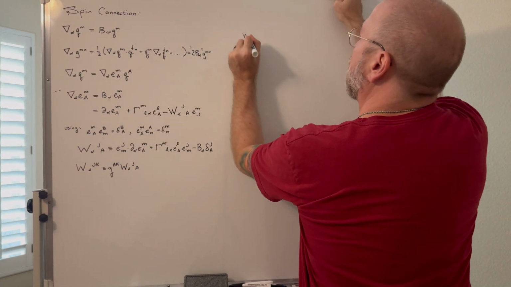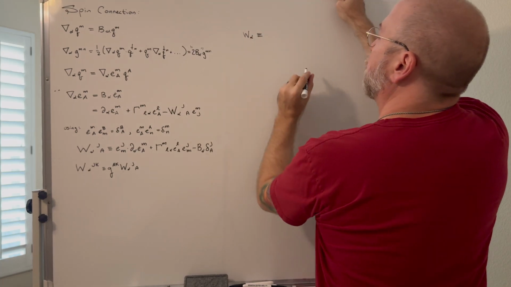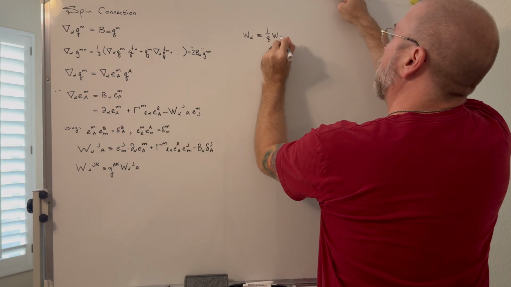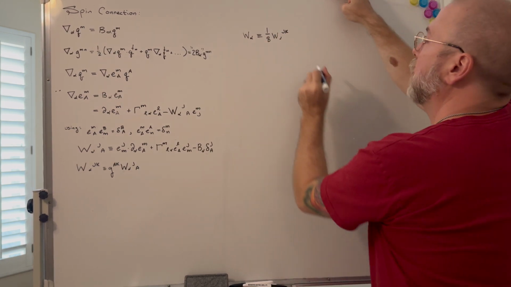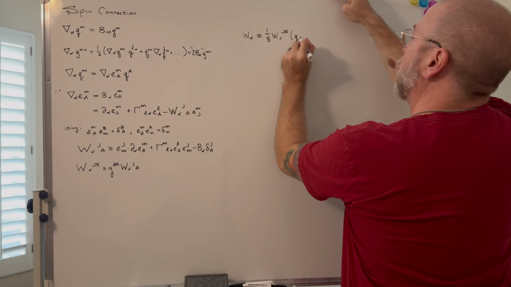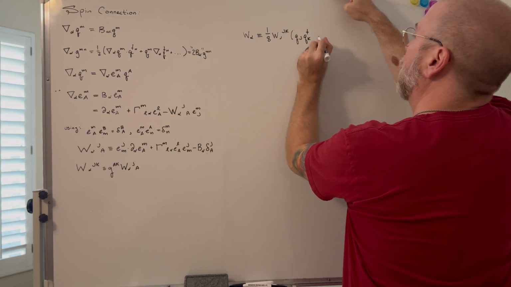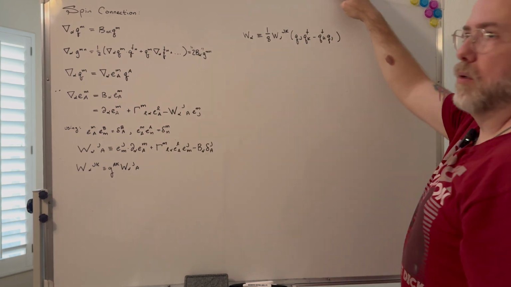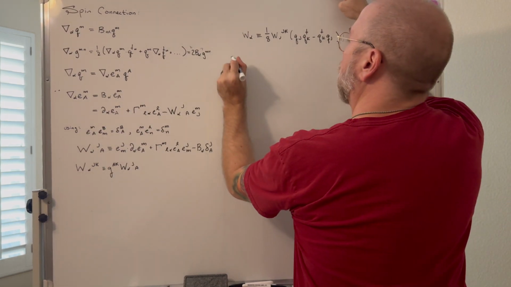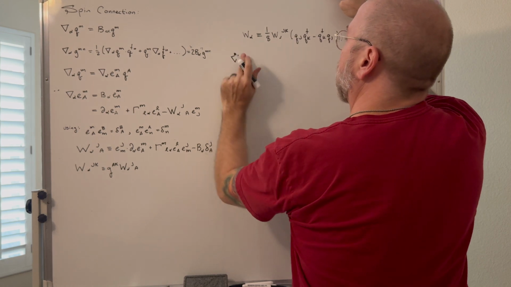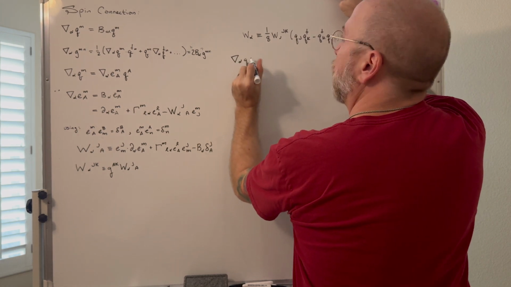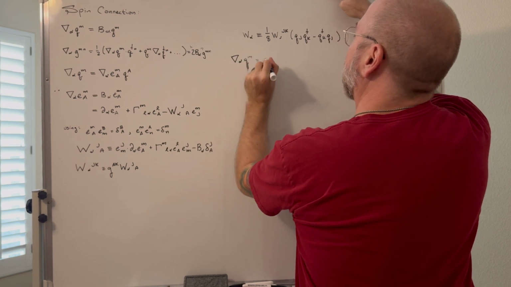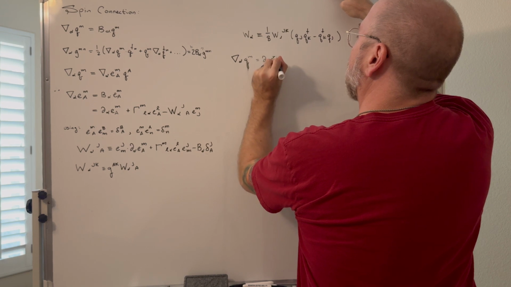So we're going to say W alpha is defined as 1/8 W alpha JK (Q_J Q_K dagger minus Q_K dagger Q_J). Then Q_M, D alpha M.